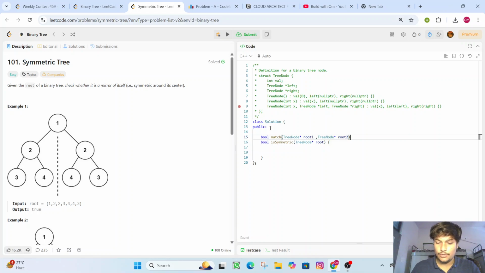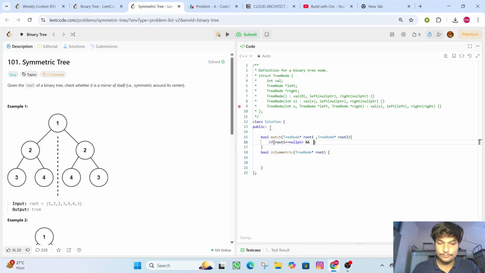After writing that, we apply the base condition in this question. We check if root1 is equal to nullptr, because if it is, then we can say that this is symmetrical. If you have no node present in your tree, then we can say that this is also possible, that this is a mirror image of both right and left.